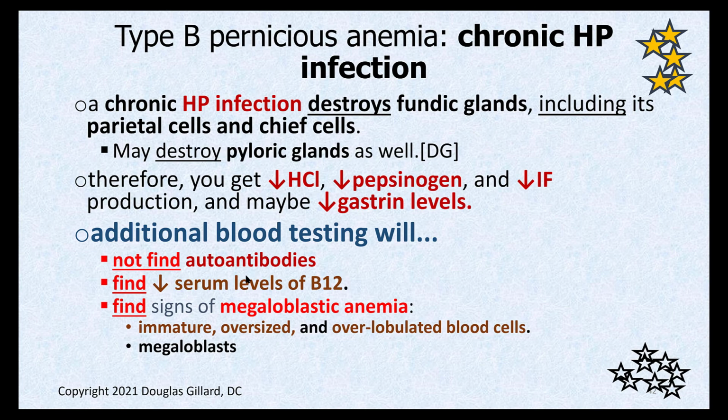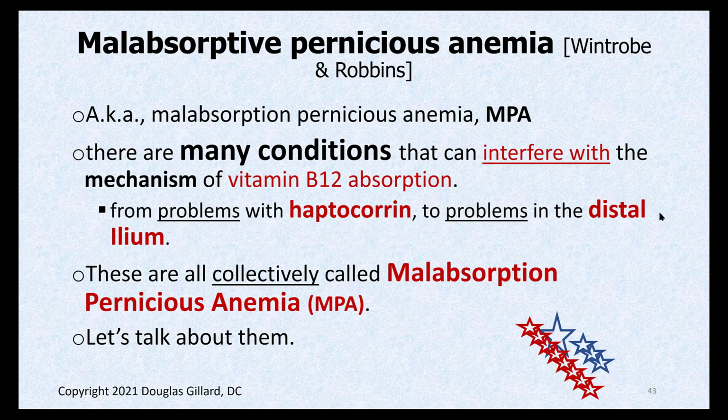No, none of those will be present. You'll find decreased levels of B12, just like you would in type A pernicious anemia. They still have megaloblastic anemia. So the blood smear, we have overlobulated blood cells, overgrown and irregularly shaped red blood cells, as we said already.